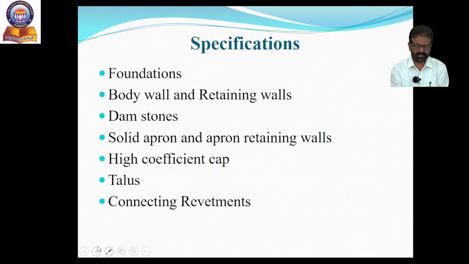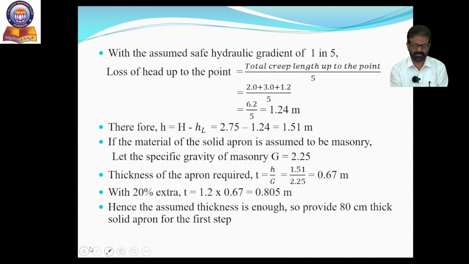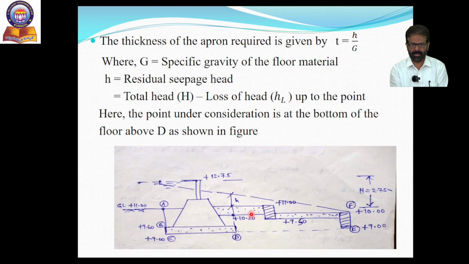So you can clearly observe these two: the first step of 0.8 meter, second step of 0.5 meter. Obviously, the thickness can be reduced. From an economical point of view, we are providing the stepped apron on different lengths and different thicknesses. These are all meant for economy only.